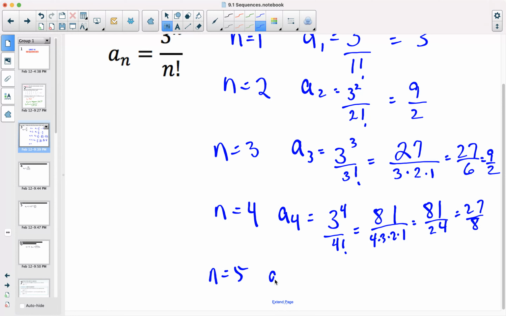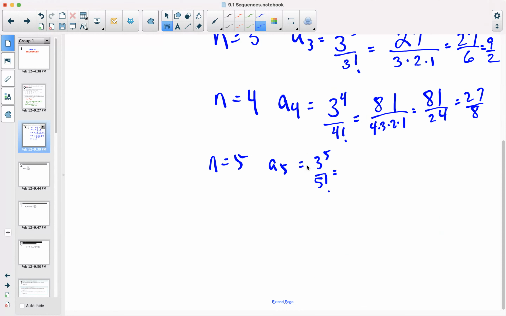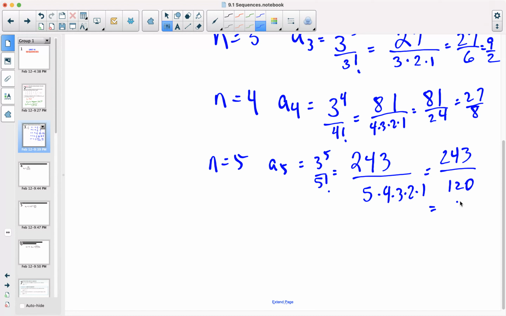And the fifth term, 3 to the fifth over 5 factorial. So 3 to the fifth is going to be 243. 5 factorial is 5 times 4 times 3 times 2 times 1. So we have 243 over 120. That reduces to 81 over 40.